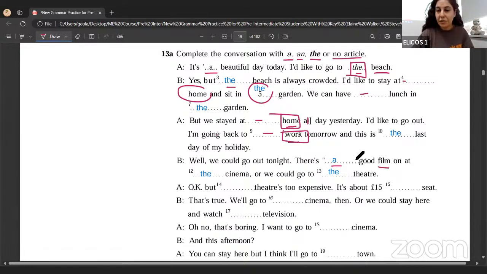So that's the noun film. Good is an adjective. It's the first time I'm talking about it. So there's a good film on at, when we talk about places, going somewhere, especially with this preposition, we always say at the cinema. So there's a good film at the cinema, or we could go to the theater.